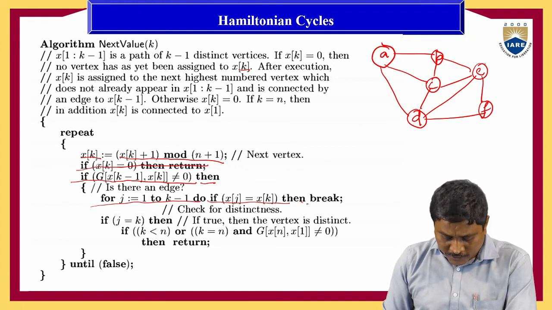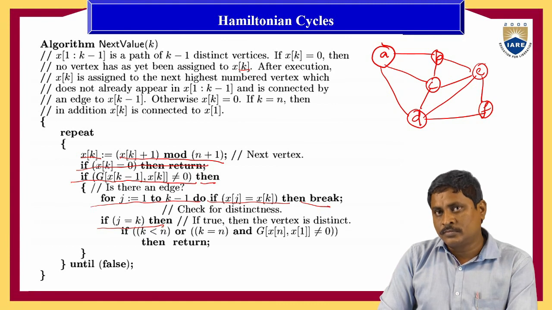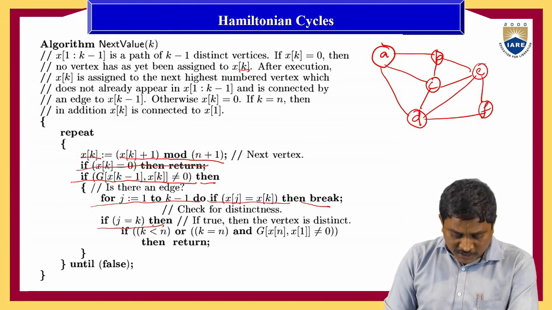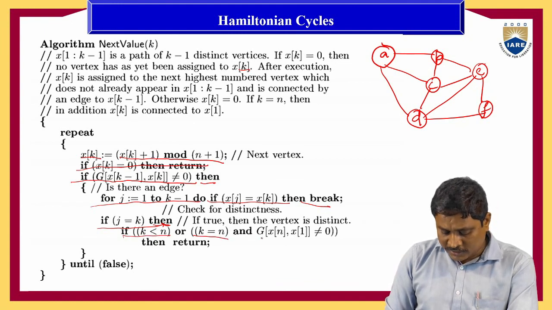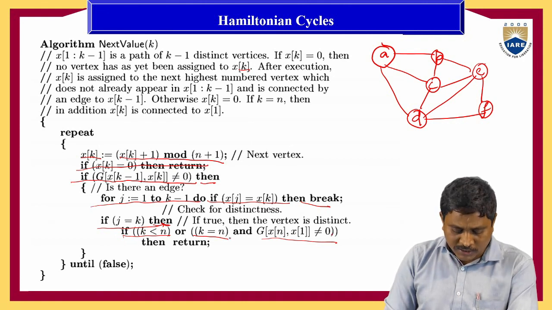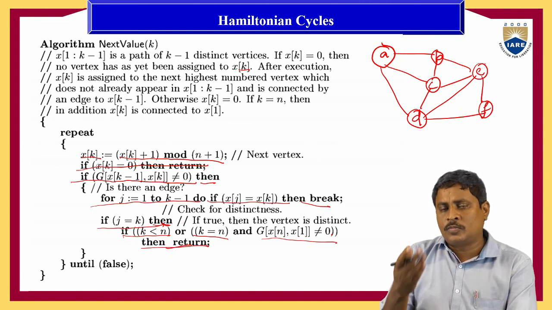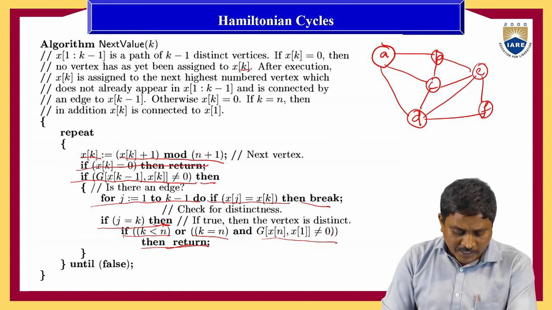In that case, we take the break. If j equals k, then the vertex is distinct, which we check here. If the vertex is distinct, if k is less than n, or k equals n and g of x of n comma x of 1 is not equal to 0, then return. So if that vertex is distinct and not visited previously, we move forward to the next vertex, and like that we find it.